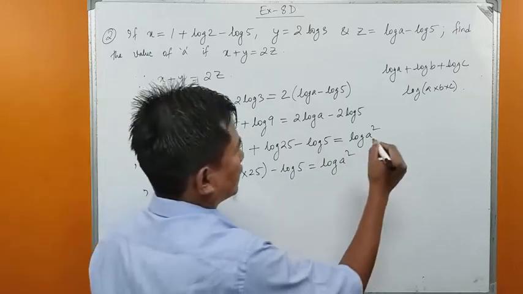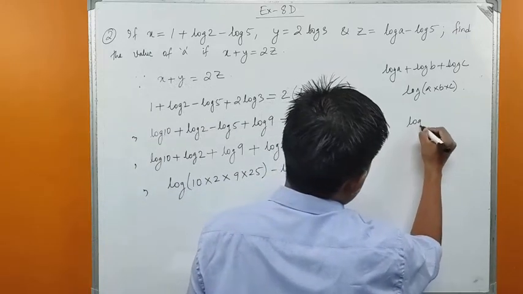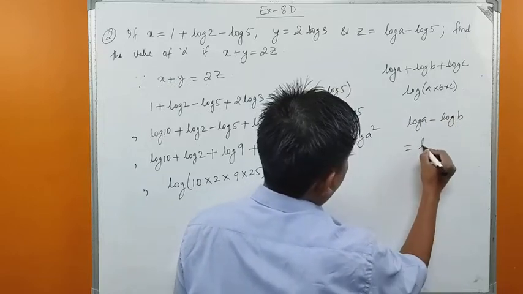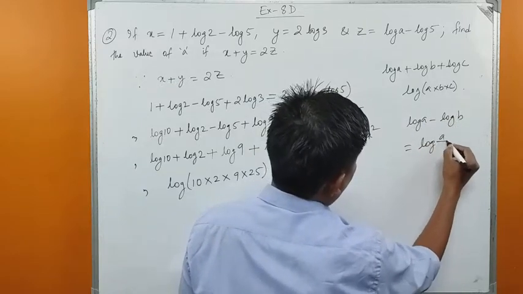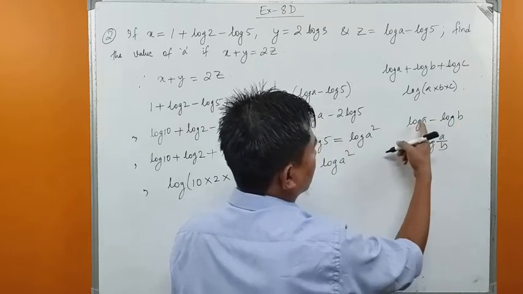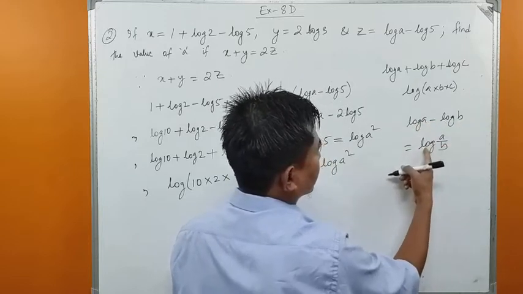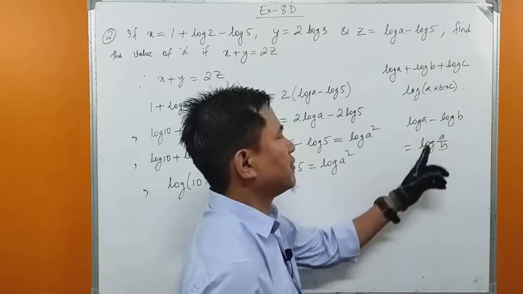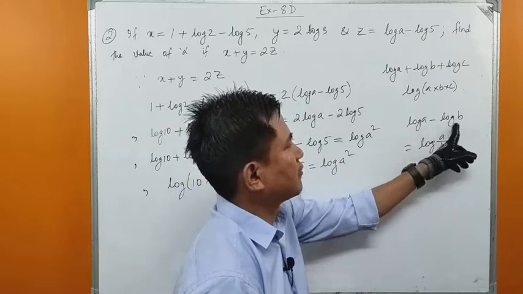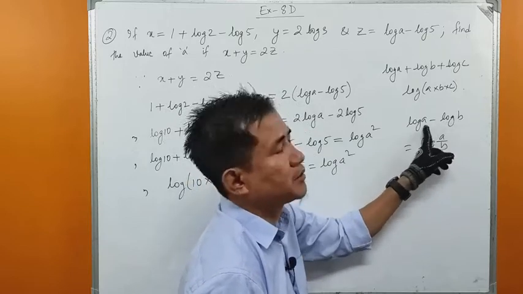Now we know that log a minus log b can be written as log a upon b. If there is a minus sign in between two logarithms, we can write it as log a upon b. We must be sure that the bases are the same. Here the bases are not mentioned, so the bases are 10.